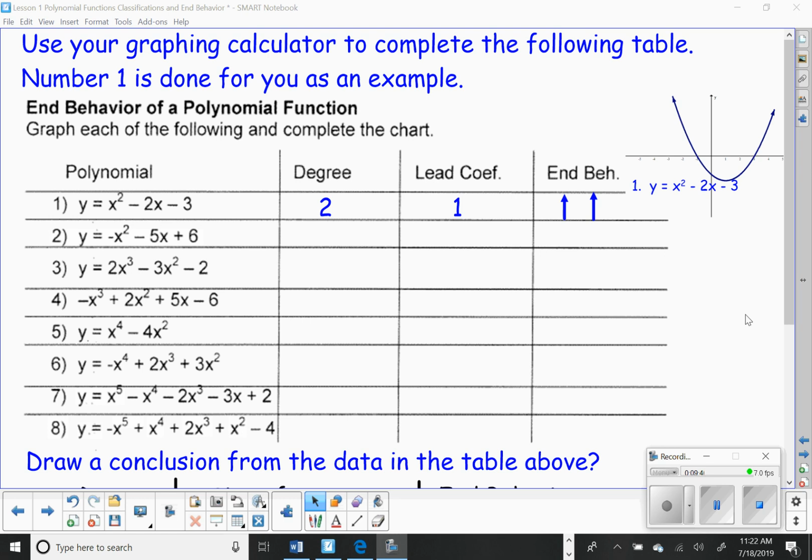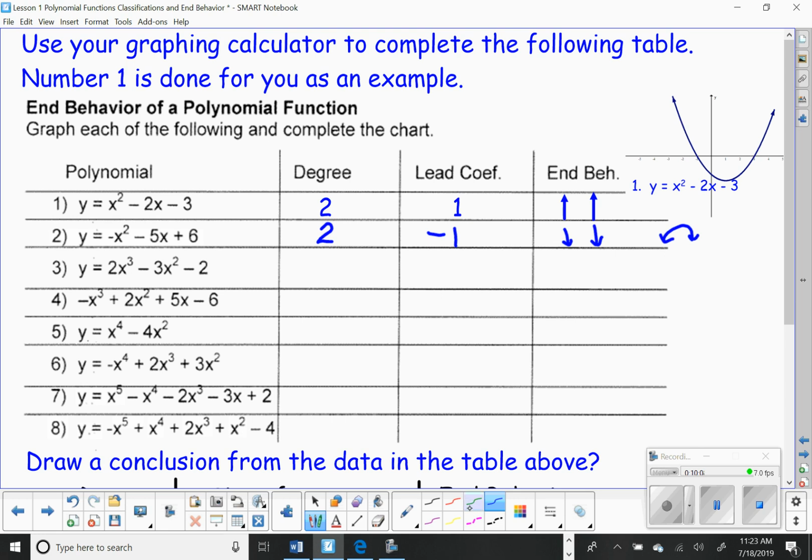Okay, you're back. Number 2 has a degree of 2 as well. This time, the lead coefficient is -1. And the end behavior here, you should have noticed, was down, down. It looks like this kind of a thing.